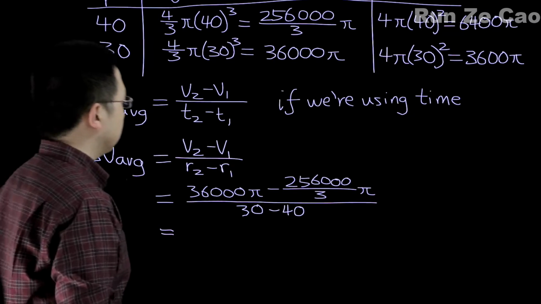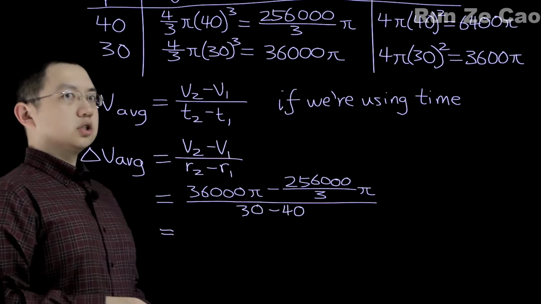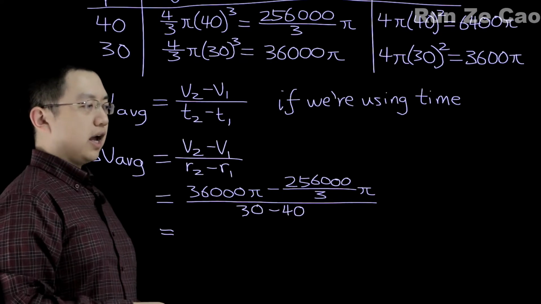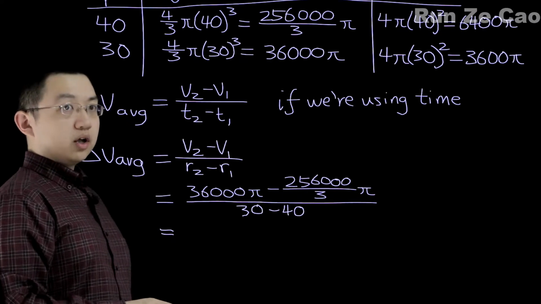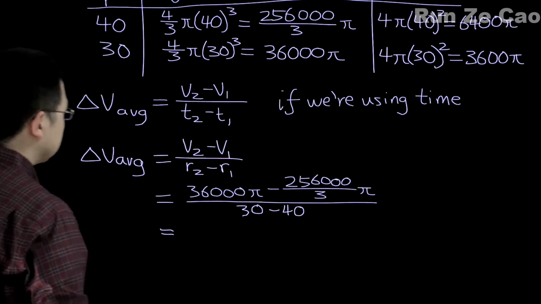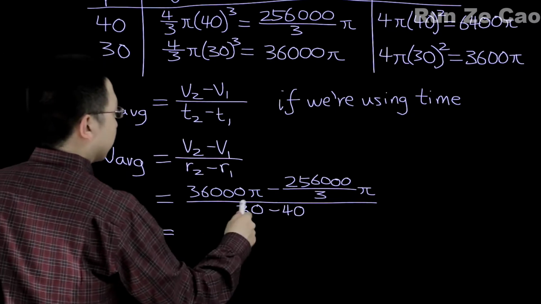You'll notice that we will end up with a rate of change that ends up being positive. This is how much on average volume we would have gained if we went up from 30 to 40.